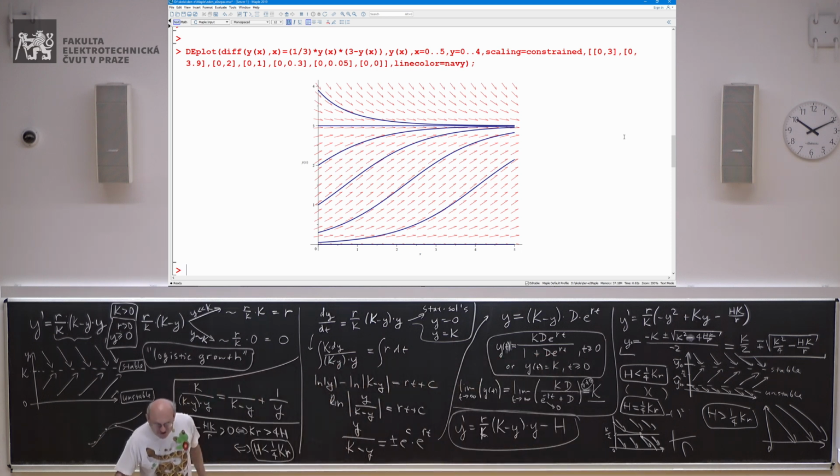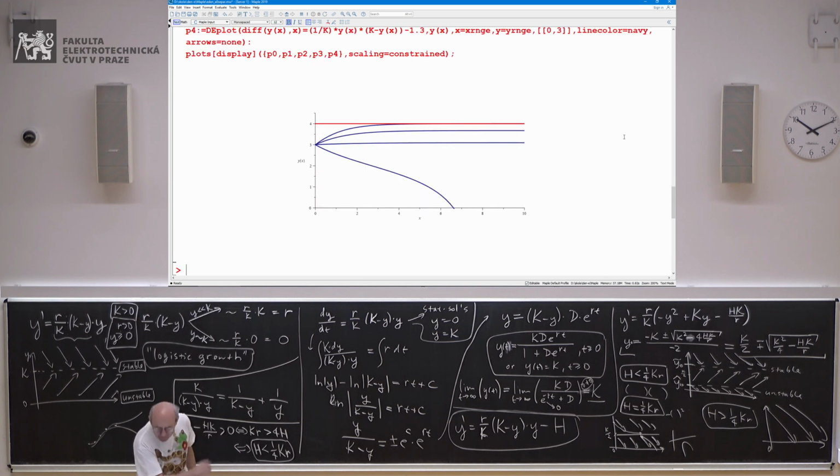With harvesting, let me just show you a few pictures. What I did over here is I took a certain K and a certain initial value, y naught. I start from a certain population of fish. So you can see the environmental limit, that's the red curve.